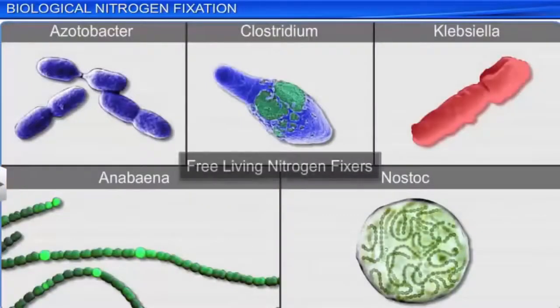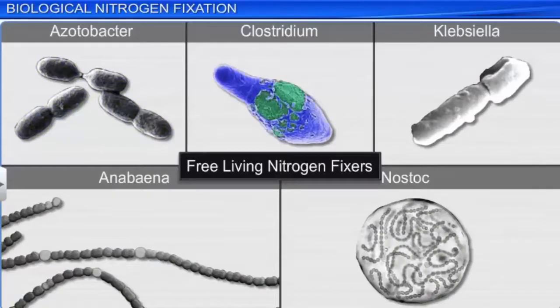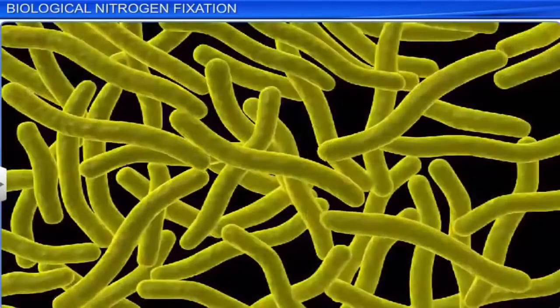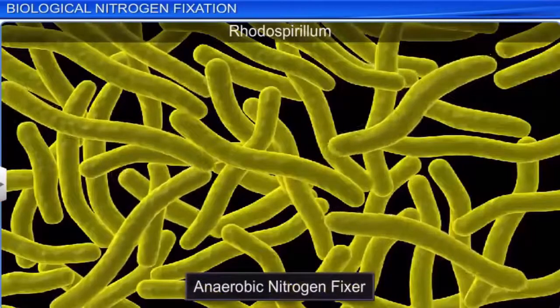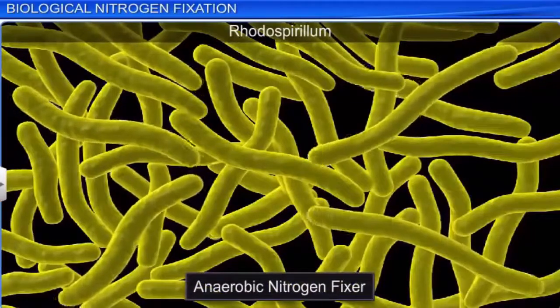Examples of free-living aerobic nitrogen fixers are bacteria such as Azotobacter, Clostridium, Klebsiella, and blue-green algae such as Anabaena and Nostoc. The bacteria Rhodospirillum is an anaerobic nitrogen-fixing agent, but it can also exist in aerobic conditions.